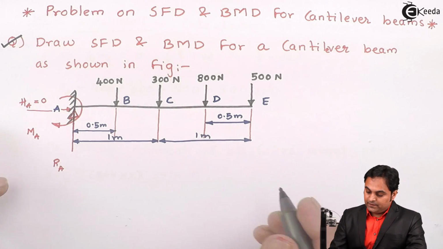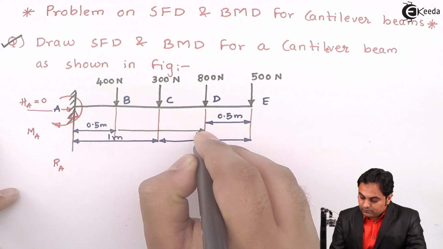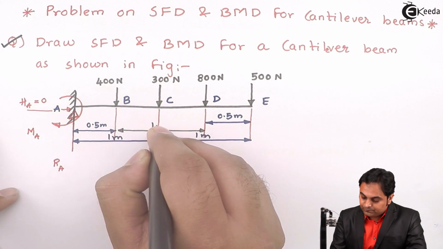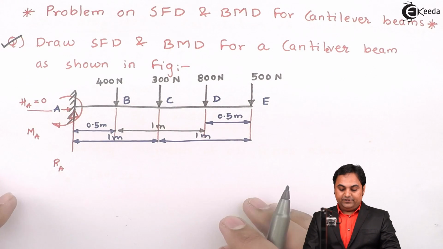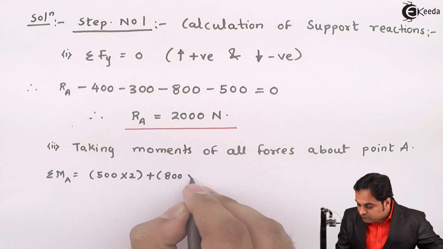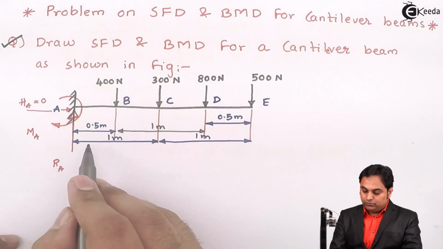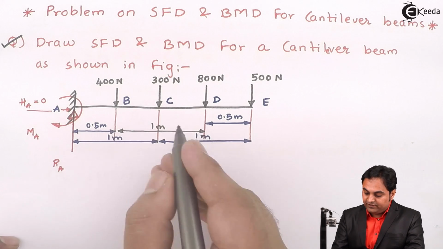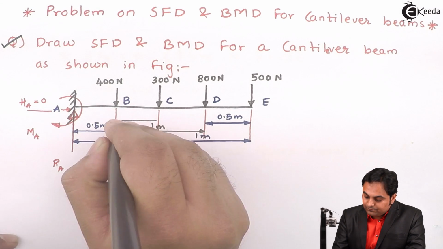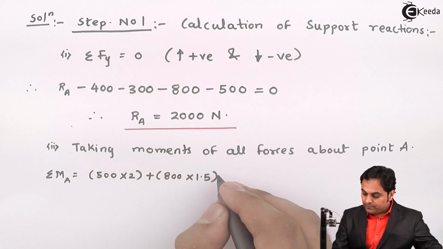that will give me the distance from point A, that is 1.5 meter, because this distance is 1 meter. So it will be 800 into 1.5. Next, 300 into 0.5 plus 0.5, that is 1.